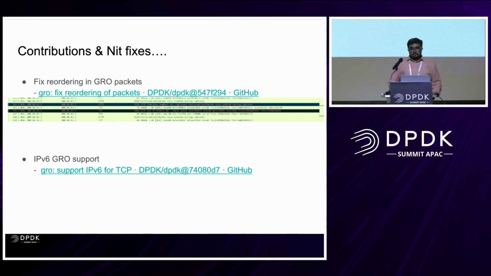But this is not the intended approach, because push means that we have to deliver the segment up to that point immediately. This is how Linux GRO also works, where if there is a push, then the packets that are in the GRO table also have to be flushed together. So this patch was to fix this issue, and it also added GRO support for IPv6.